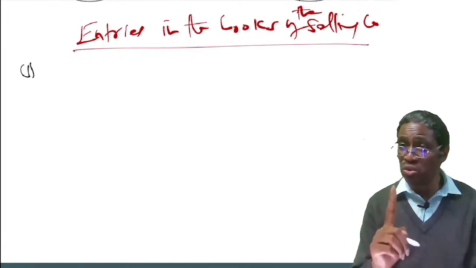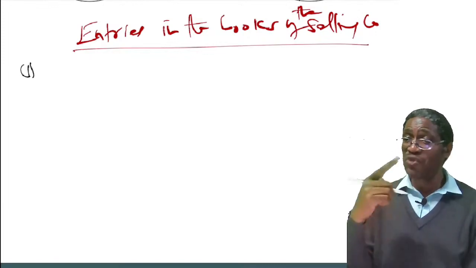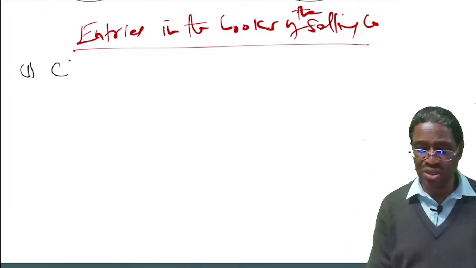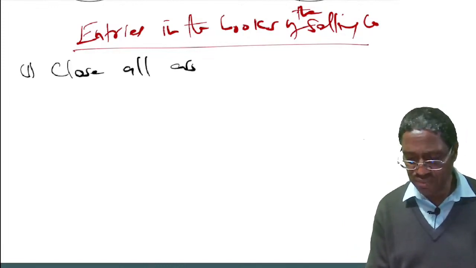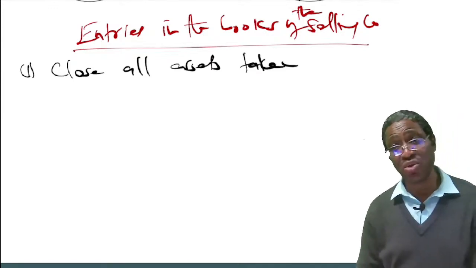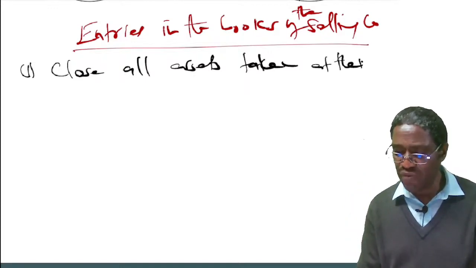So you as company A, with the assets being taken over by the purchasing company, step number one is to close all assets taken over by the purchasing company at their book values.